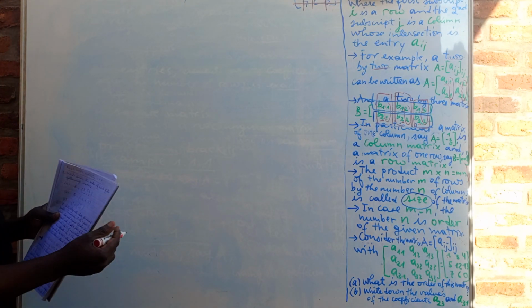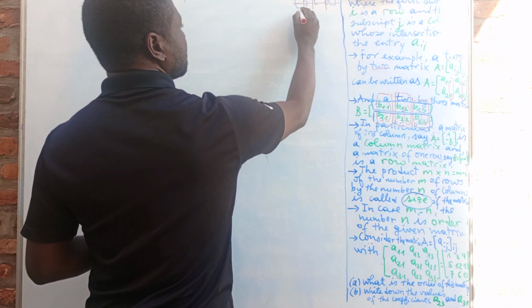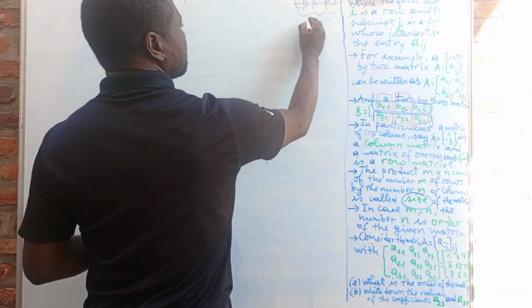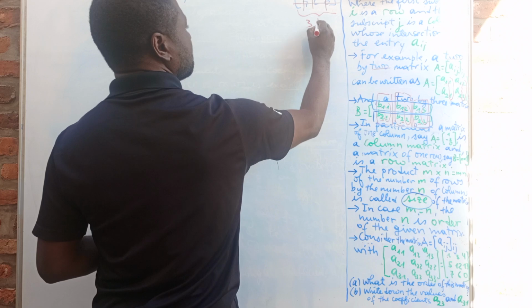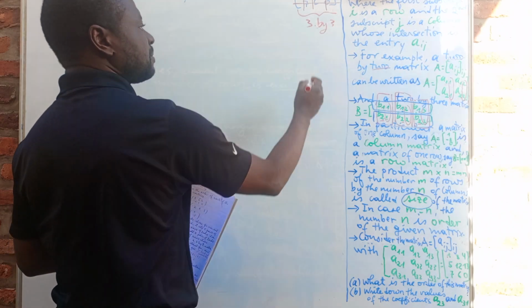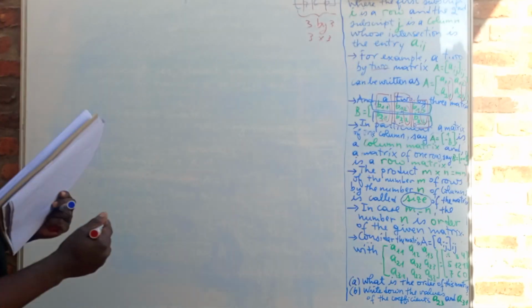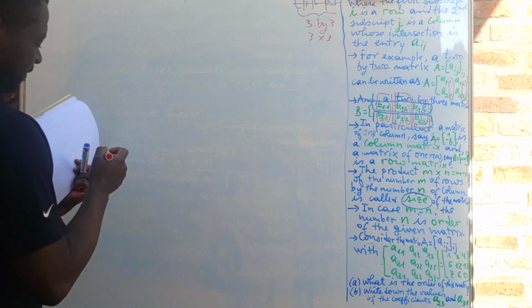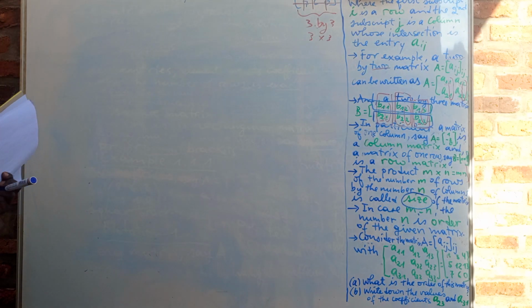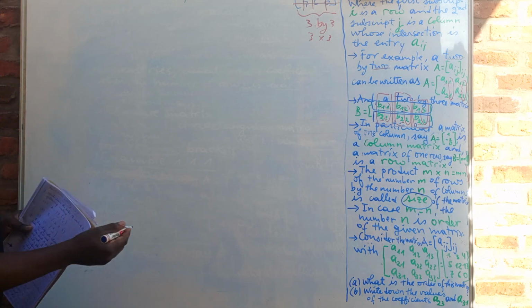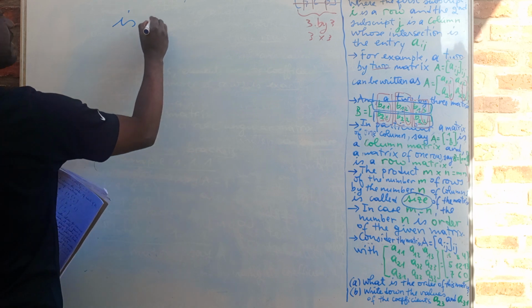So the size of this matrix is 3 by 3, or sometimes we may write 3 times 3. This is the size. How about the order? The order is just 3, because we have 3 rows as well as 3 columns.